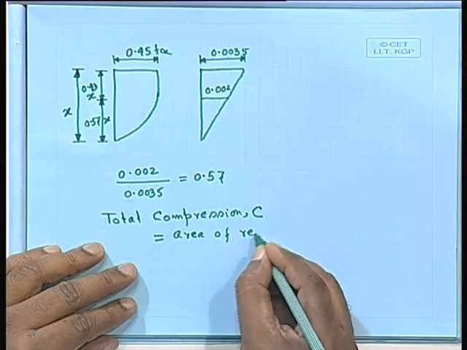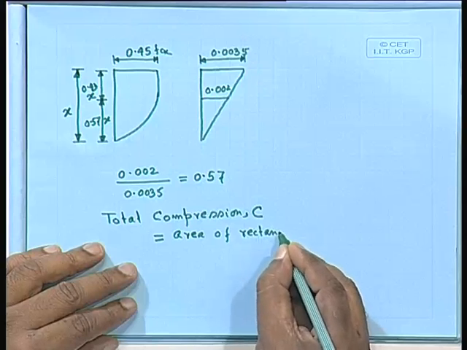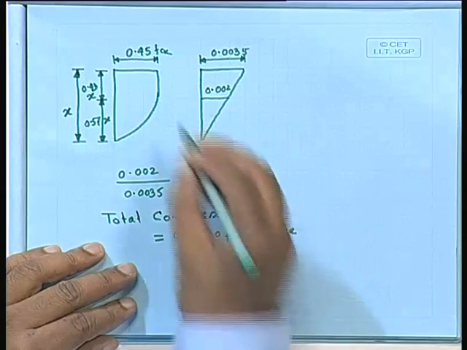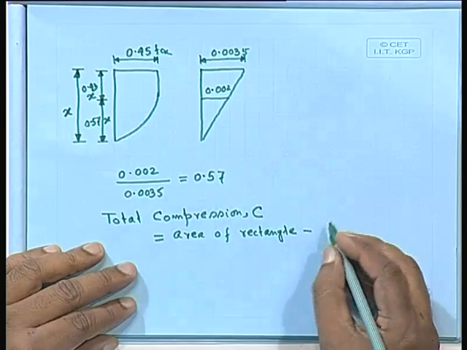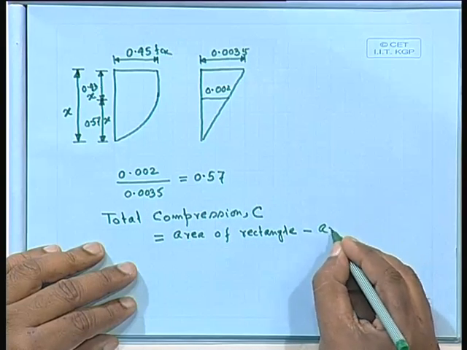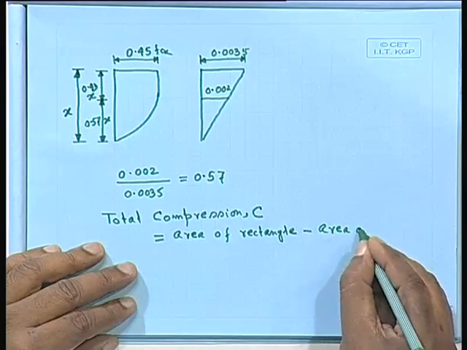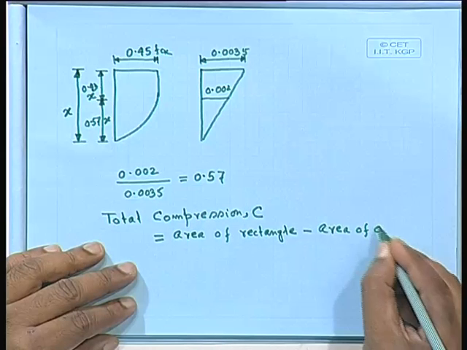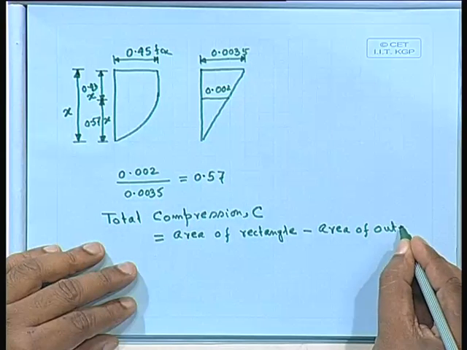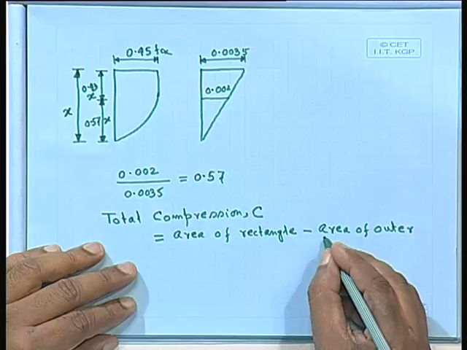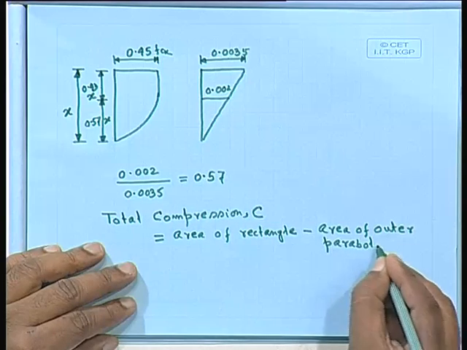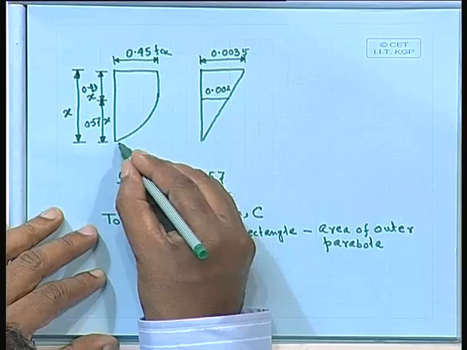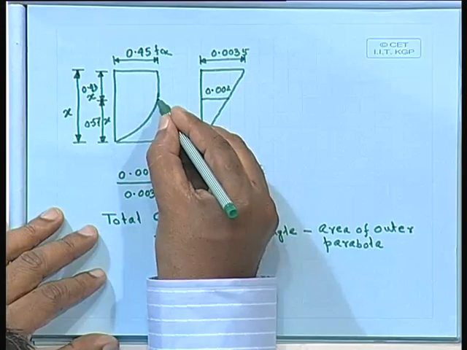C is the area of the full rectangle minus the area of the outer parabola. Area of the outer parabola means this portion.